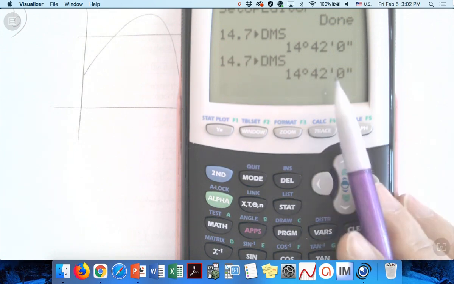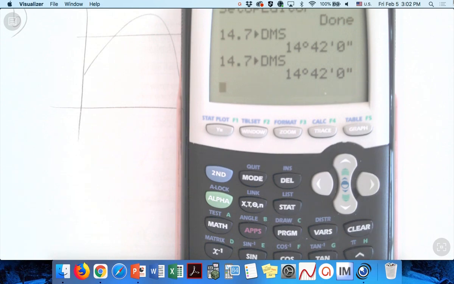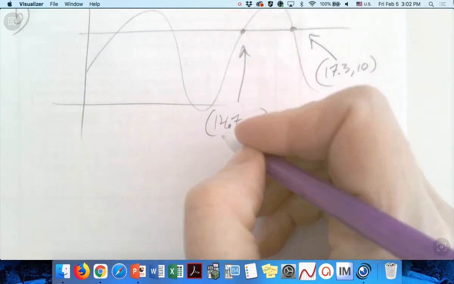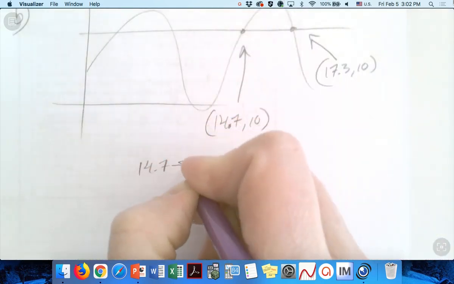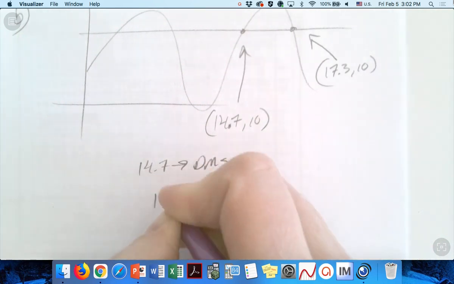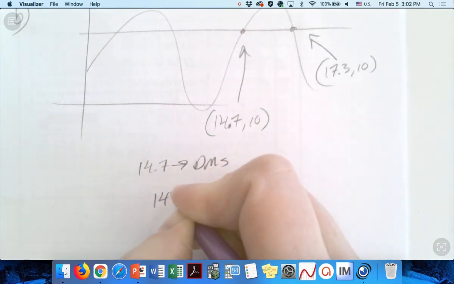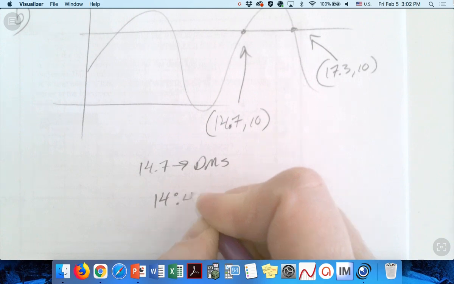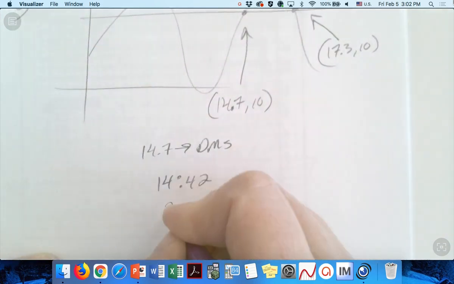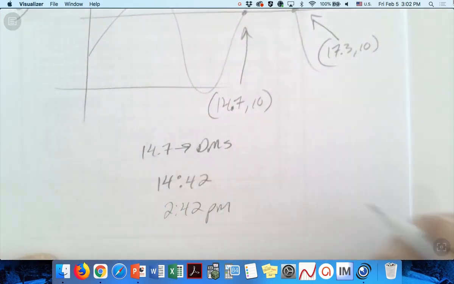So 14:42, exactly. So if you do 14.7 DMS, you get 14 hours, so 14:42, or in other words, 2:42 p.m.